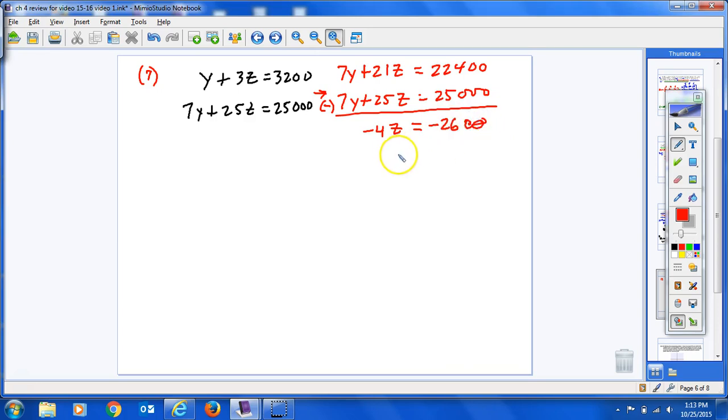Sorry about that. And dividing both sides by negative 4, we get 650. So our money market investment amount was $650. And now we can go back to either one of these and find out what y is. I'm just going to use the top equation. So I'm going to replace z with 650.